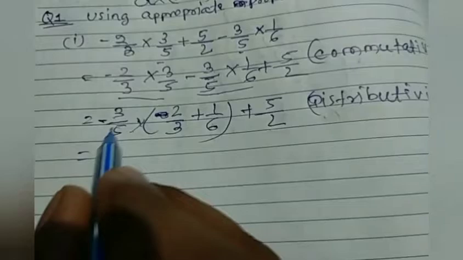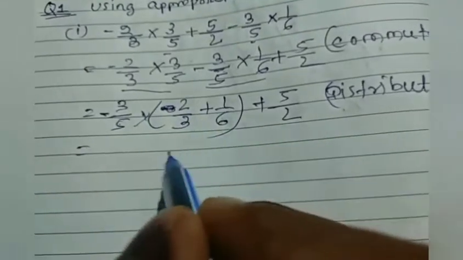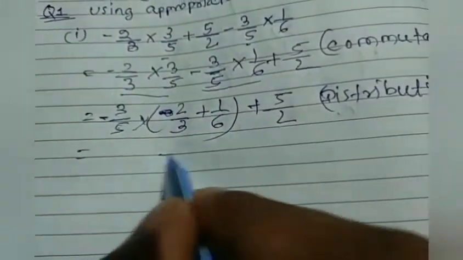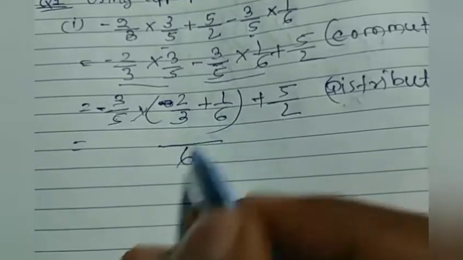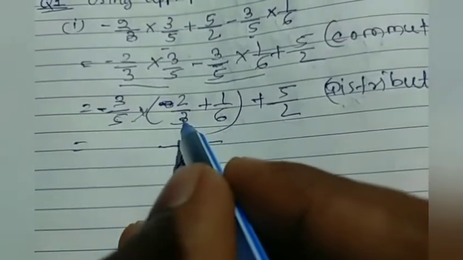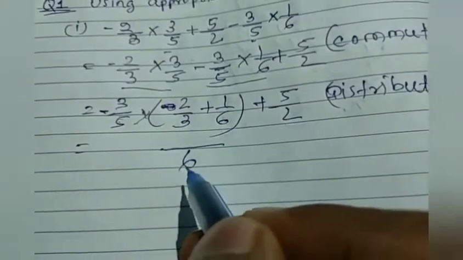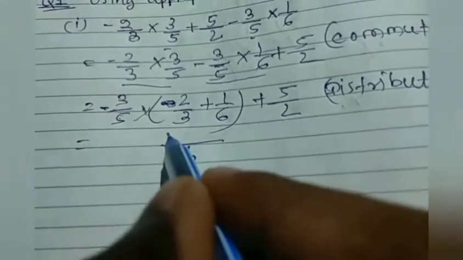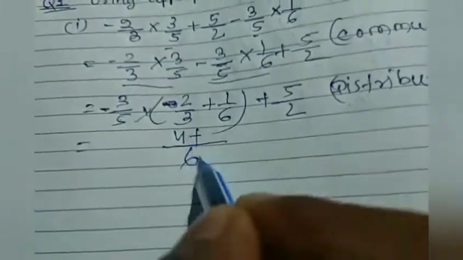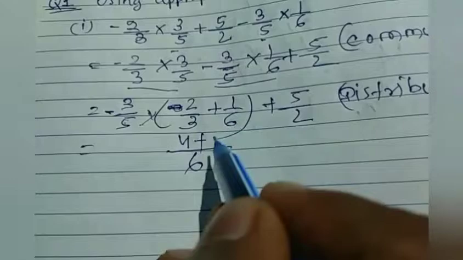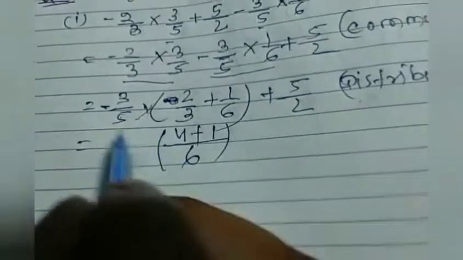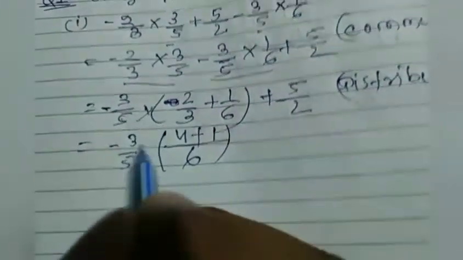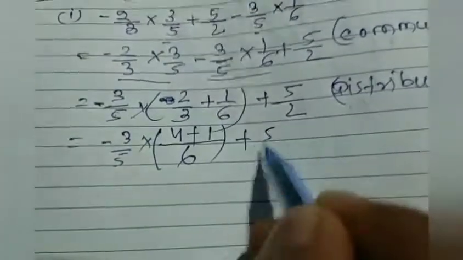You have to first solve this bracket. Then LCM of 3 and 6 is 6. 6 divided by 3 is 2, then 2 into 2 is 4, plus 6 divided by 6 is 1, 1 into 1 is 1. Then first is minus 3 by 5 into plus 5 by 2.